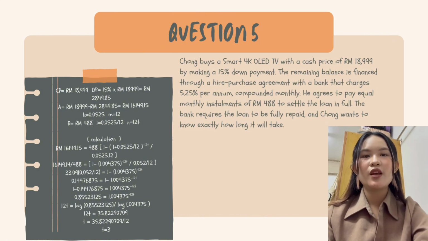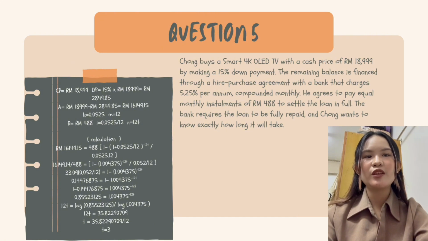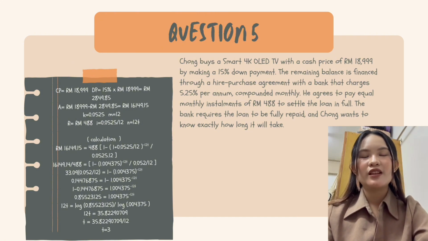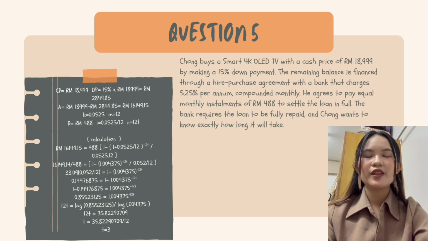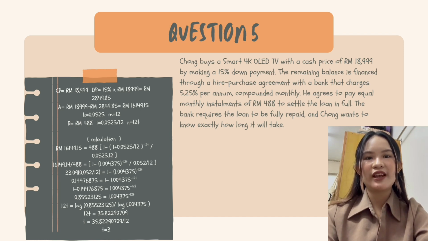So 16,149.15 divided by 488 equals (1 minus (1.004375) to the power of negative 12t) divided by (0.0525 over 12). Then you move the 0.0525 over 12 to the other side.